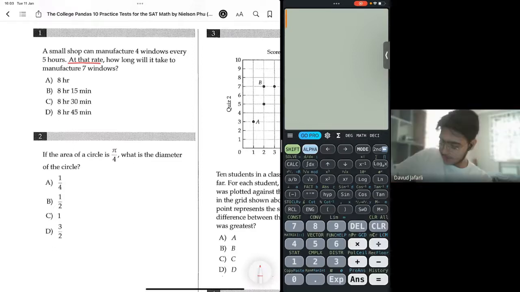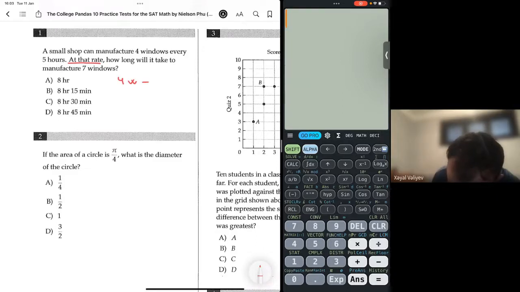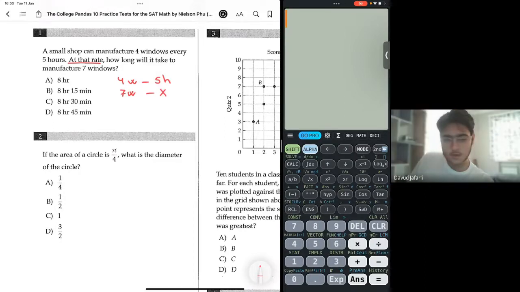Okay, it's easy. 4, 5, x, 7. 4 windows for 5 hours. 7 windows for how many hours? 28, x equals 28 over 5. Oh, no, wait, no. 30 over 4.